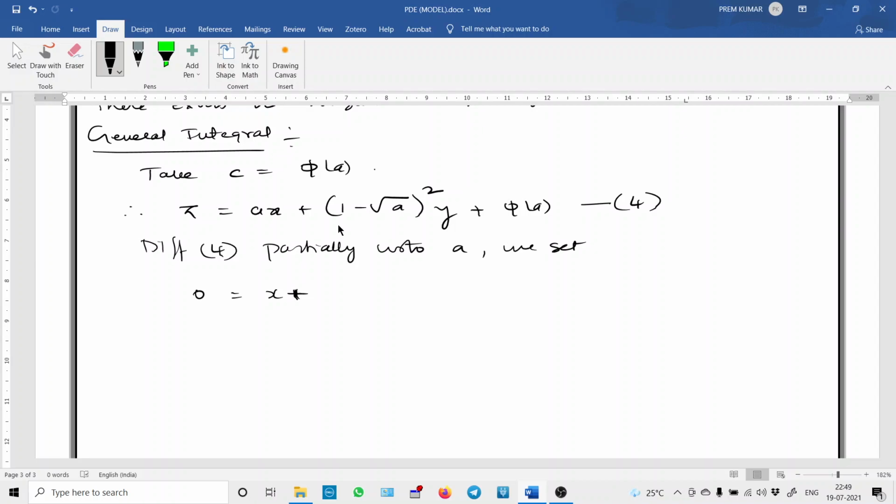So n a^(n-1), into the differentiation of minus square root of a, which is 1 by 2 into square root of a.